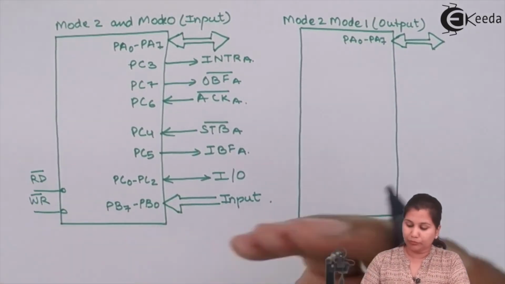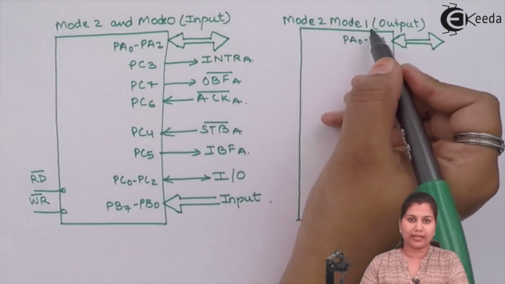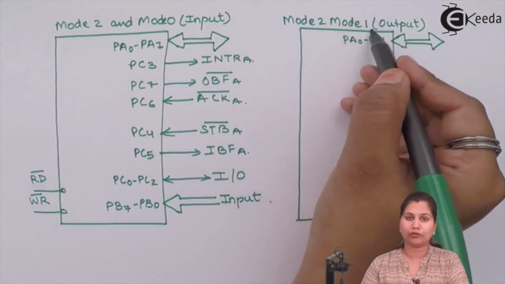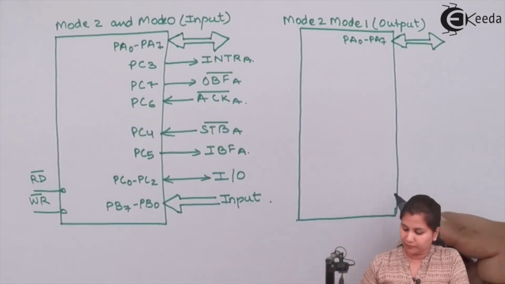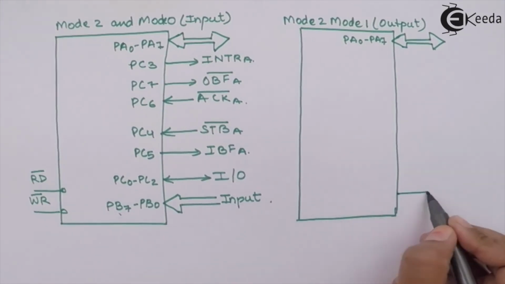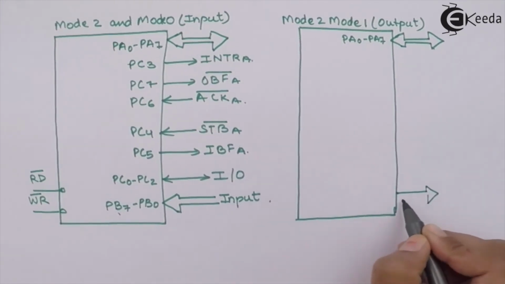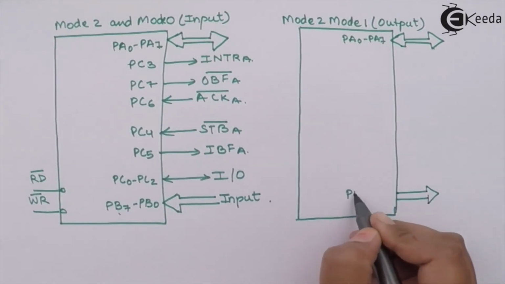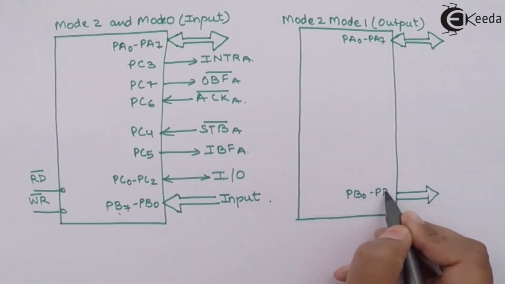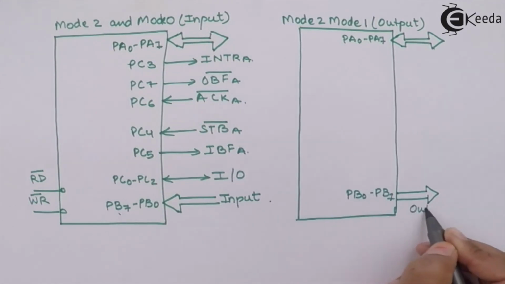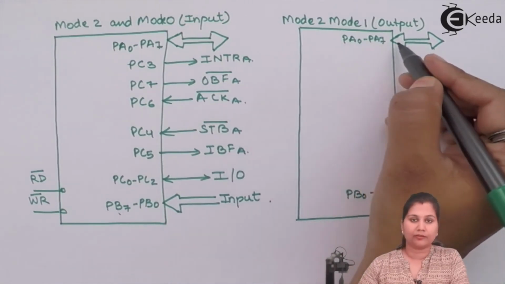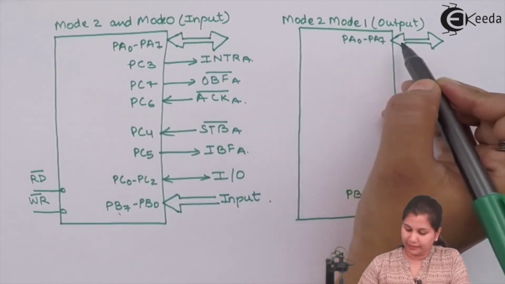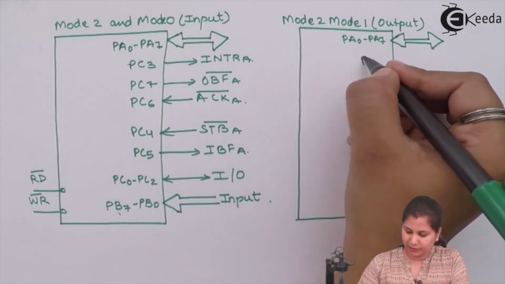Now let's come to mode 2 and mode 1, that is, port B is acting in mode 1, the output mode. So here we will have port B as the output port. Then we have PC1 and PC2. Here we have port A. Then we have the lines PC3.